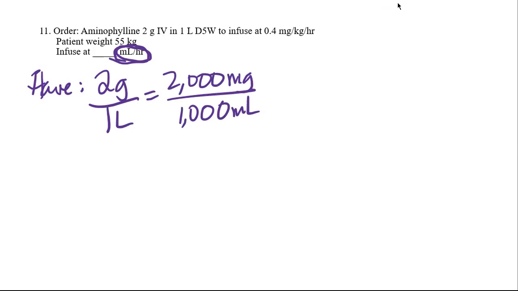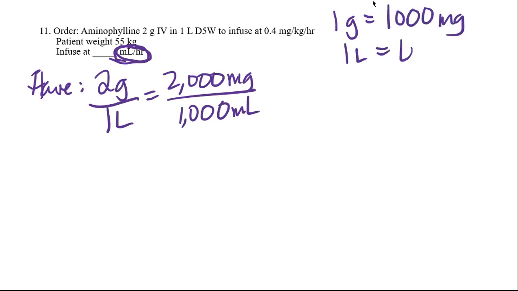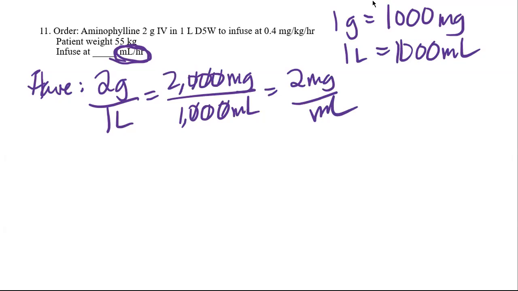We just multiply both of them by 1,000 because remember, 1 gram is equal to 1,000 milligrams and 1 liter is equal to 1,000 milliliters. So that's what we have here. And we can cross these out on both sides, and that's 2 milligrams per mil. Okay, you can do that in your head eventually when you get used to this. 2 milligrams per mil.